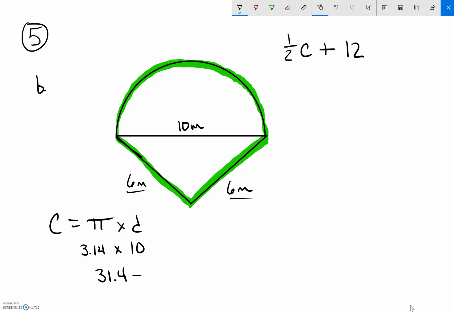We want half of it, going to give us 15.7. So 15.7 meters is half of the circumference plus 12. It's going to give us 27.7 meters for the perimeter.